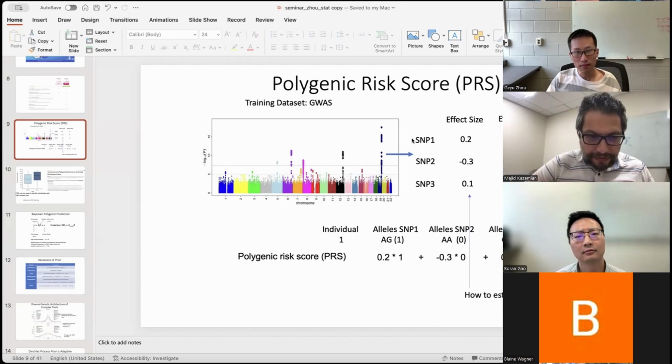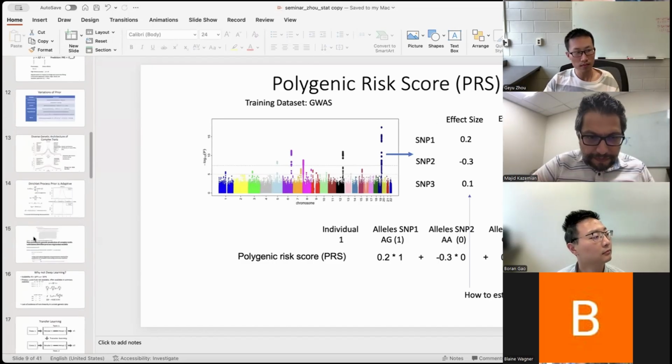I have a very naive question here. Now you have the model from a European population and also the model from an African population or other models.